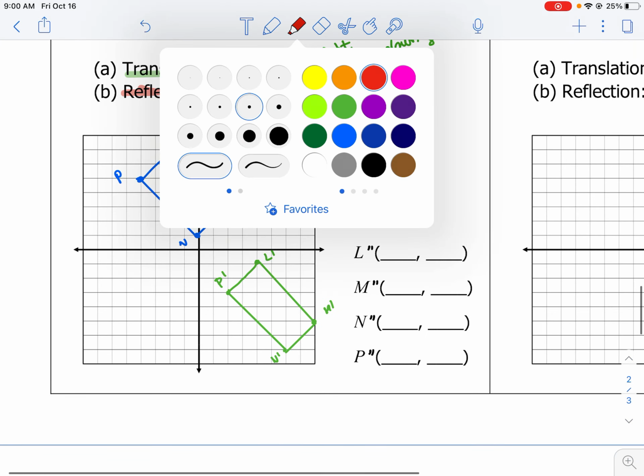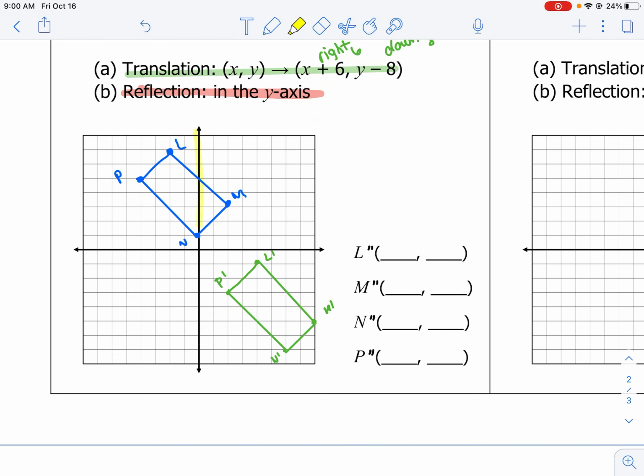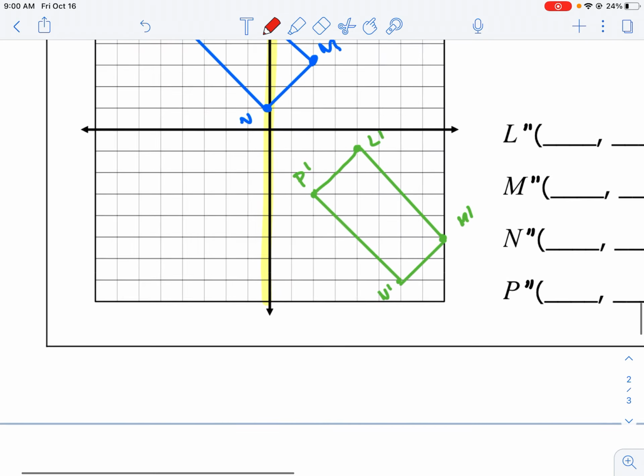All right, so I am flipping over our vertical axis now, and I'm flipping that green rectangle. I'm just going to count the distance from our line of reflection, and then connect it and label our points.